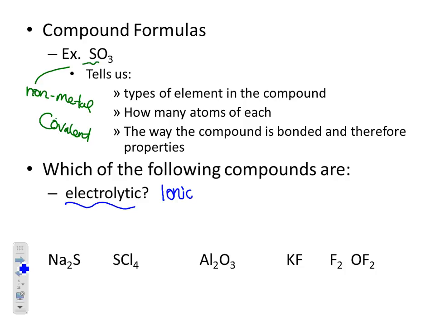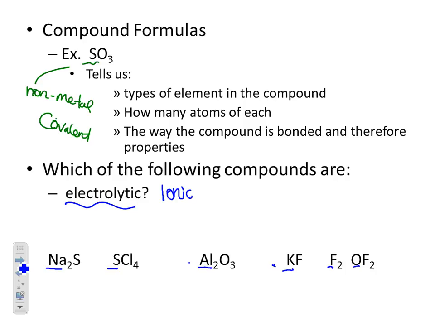So we're going to look at the first element, and if the first element is a metal, then we know that it is electrolytic, because that would indicate an ionic compound. If the first element is a nonmetal, it is not electrolytic. So looking at your periodic table, take a minute to find sodium in family 1.